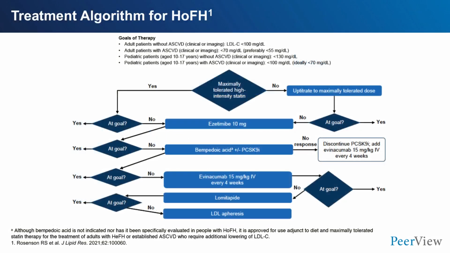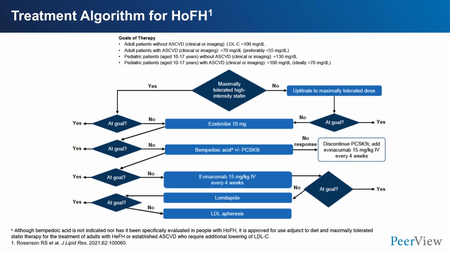So why don't we look at some algorithms for treating these patients? We kind of went through that fast, and let's go after it a little bit more in detail. Let's say patients are on maximally tolerated statins, and they're at goal, then great, which would not be common. But if they're not at goal, you add ezetimibe. If they're not at goal from there, bempedoic acid, PCSK9s.